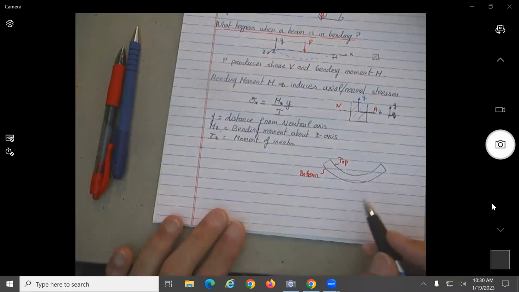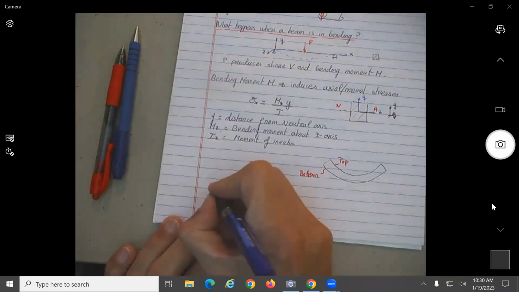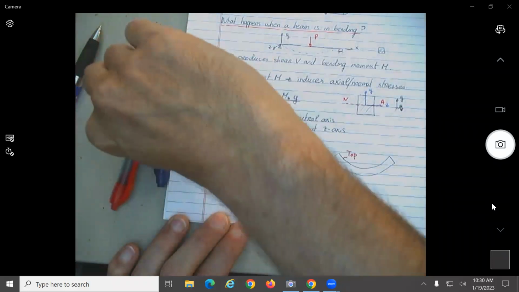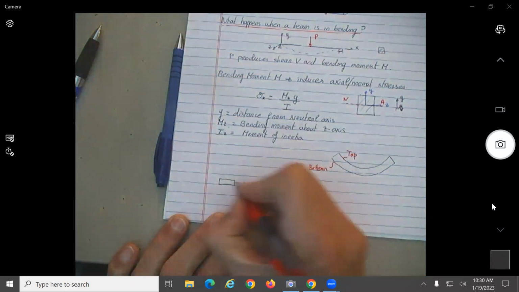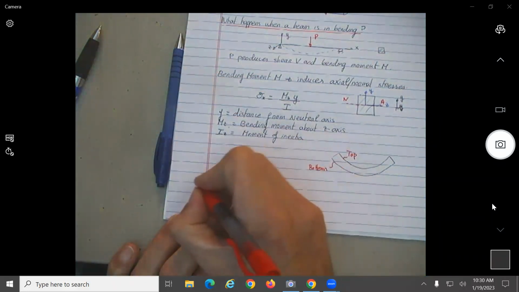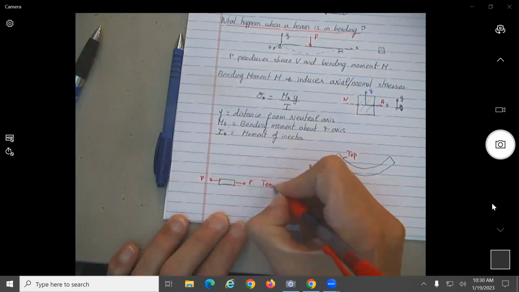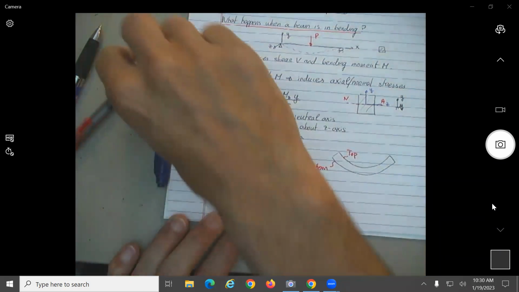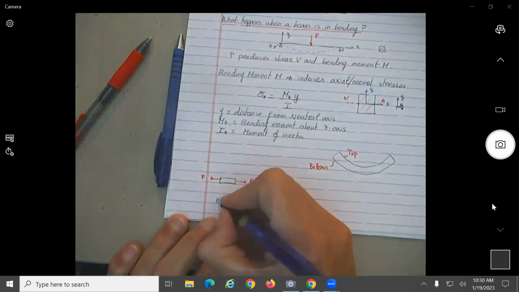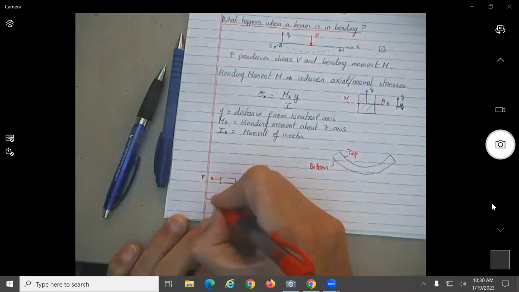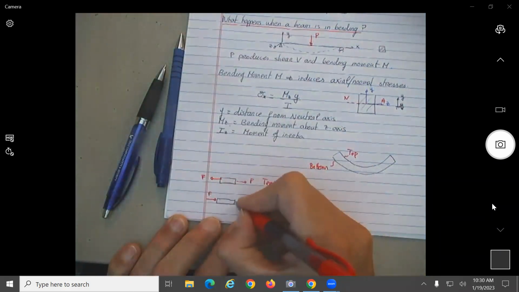Okay, if it's bending this way, this side of the beam will be what? Tension or compression? First, what is tension? Tension is defined as what? Perfect. And how do you define compression? You push it together, okay?